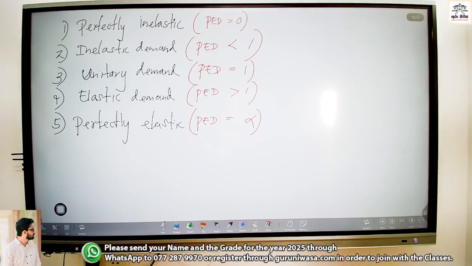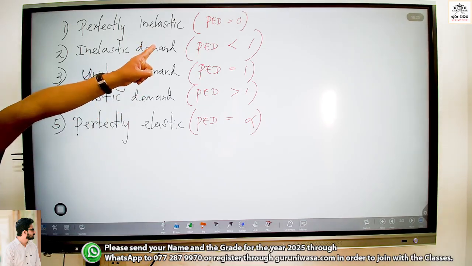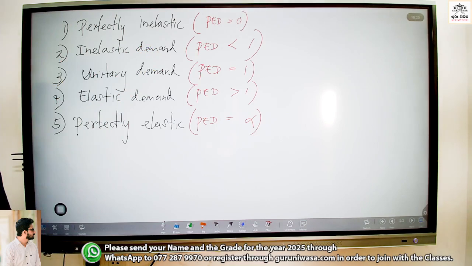Now, we're going to discuss these 5 categories one by one. Every category is unique. All products in the market can be divided into these categories. For example, electricity, gas, petrol: these essential products belong to the second category, inelastic. If a product has more close substitutes, that product belongs elsewhere.